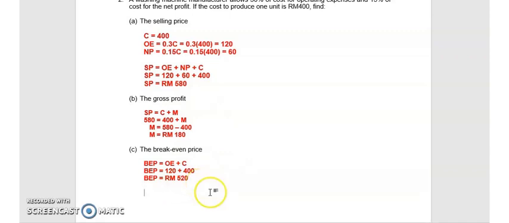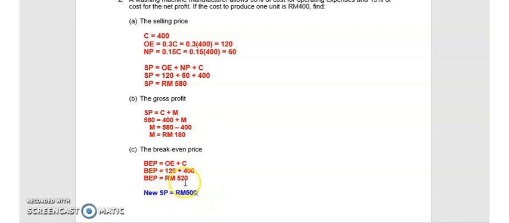Okay, example. Let's say a customer asks you for a discount of 80 ringgit. Can you give me a discount of 80 ringgit? Meaning to say that your new selling price will be 500 ringgit. If you sell at 500 ringgit, do you suffer any loss or do you still have profit?